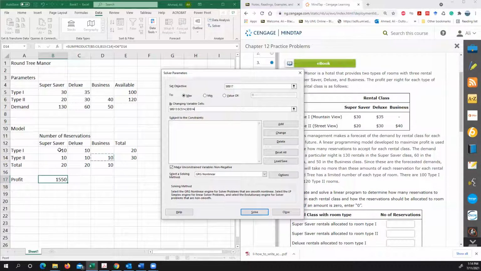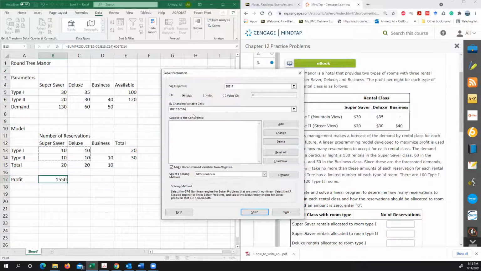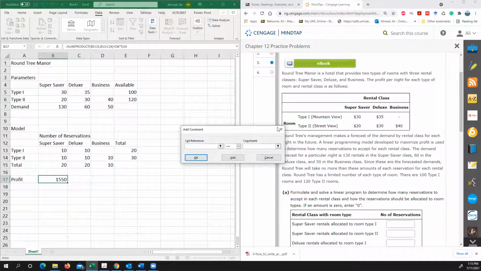We usually select everything, but since this is not given, if I select this whole 2x3 table, I will have some trouble. So I intentionally selected this area first, then put a comma, and said then also change this value only, not this one. And then I can add some constraints.